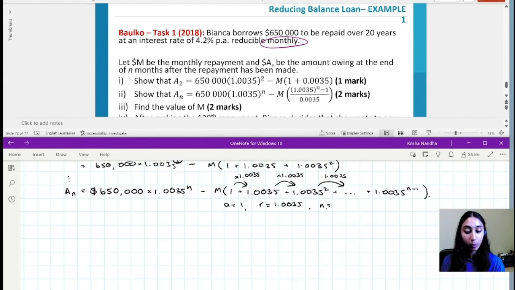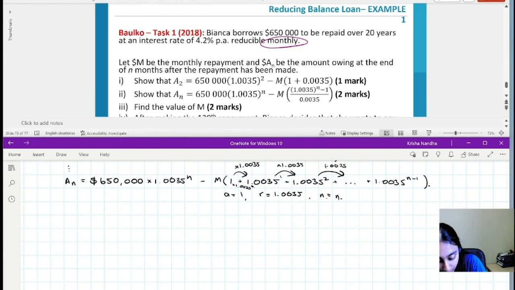In this case, it wouldn't quite be, because I've got to the power of 1, to the power of 2, and so on. And I have an invisible times 1.0035 to the power of 0 that I need to take account for. So my N is just equal to n.